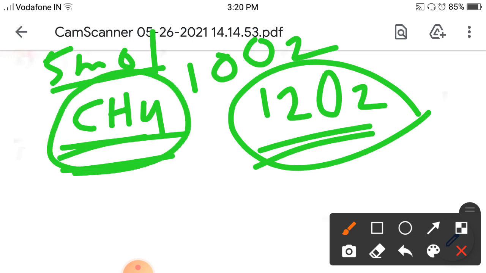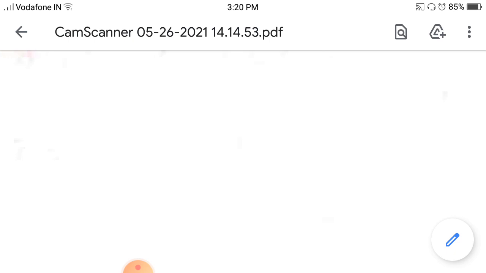So from the knowledge of this limiting reagent, you can calculate other concepts, and you can answer the questions that come from this topic. Okay, now the next question.